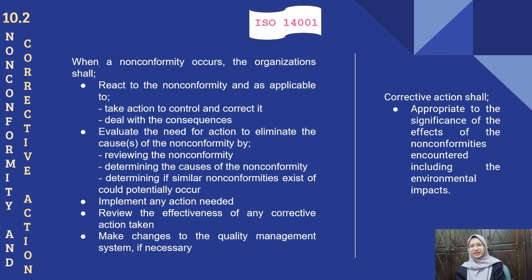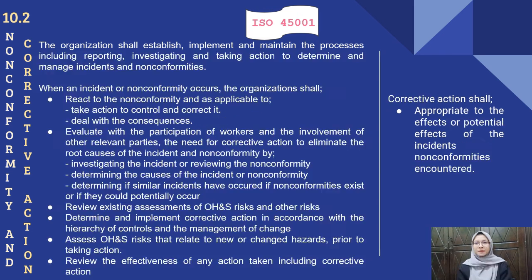Then, implement any action needed and review the effectiveness of any corrective action taken. Corrective action shall be appropriate to the significance of the effects of the non-conformities, including the environmental impacts.